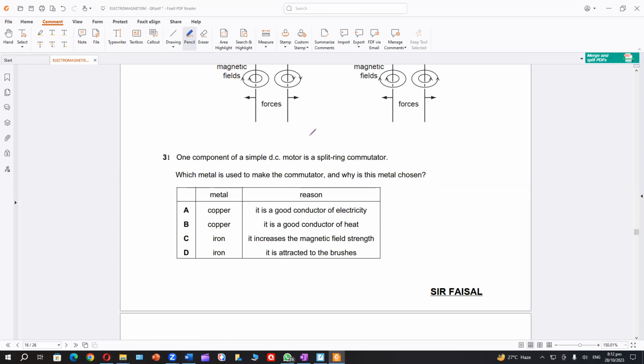One component of a simple DC motor is a split ring commutator. Which metal is used to make the commutator and why is this metal used? Split ring commutator is used to transfer current. It should be a good electrical conductor. It is not a magnetic system. It's a pure conductor for current.